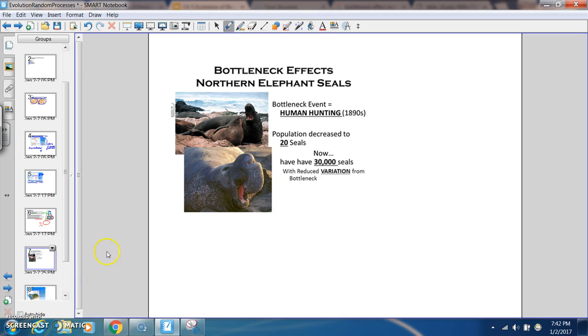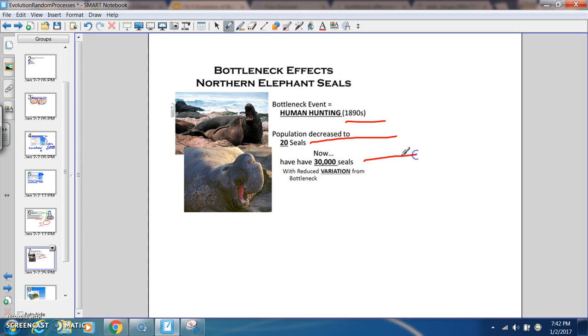An example of this is actually the northern elephant seal. The northern elephant seal had a huge bottleneck event in the late 1800s, a time when there were lots of huge population declines due to over harvesting. As a result of human hunting in the late 1800s, the population decreased to about 20 seals.